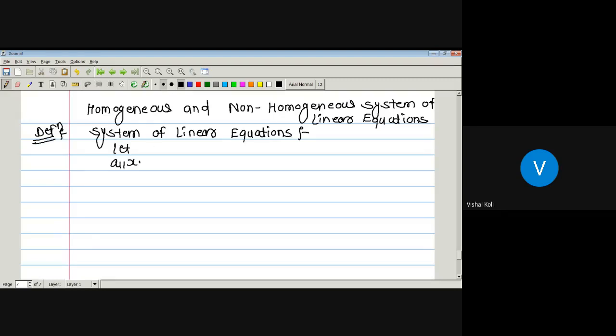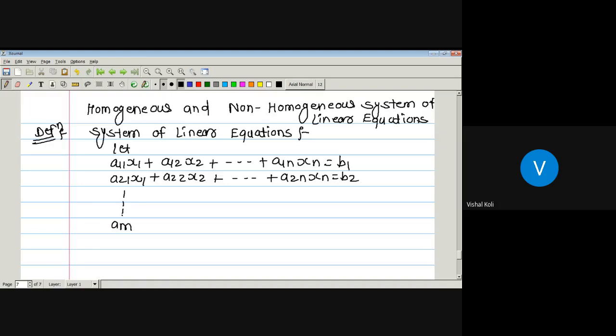Let a11 x1 plus a12 x2 plus up to so on a1n xn equal to some b1, a21 x1 plus a22 x2 plus up to so on a2n xn is equal to some b2, and up to so on am1 x1 plus am2 x2 plus up to so on amn xn is equal to some bm.